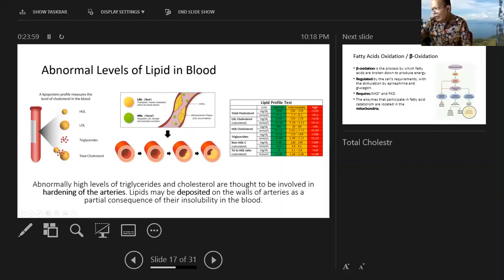For example, for total cholesterol, there are at least two units. We can use milligram per deciliter or millimole per liter, and so on.